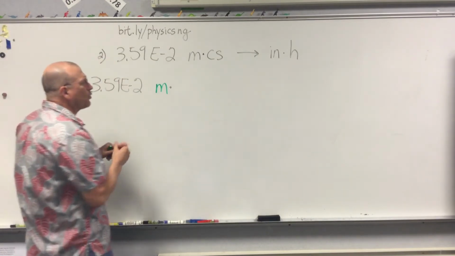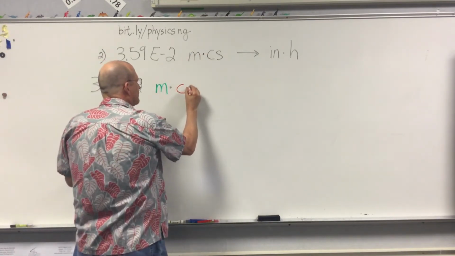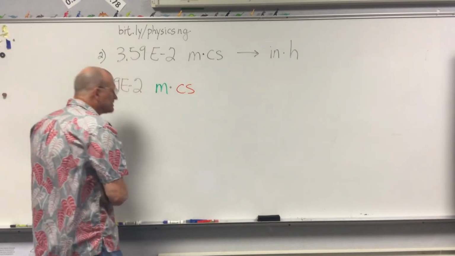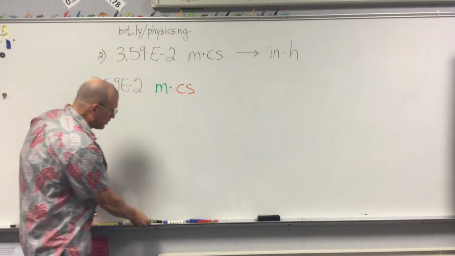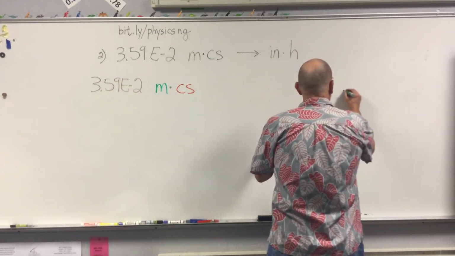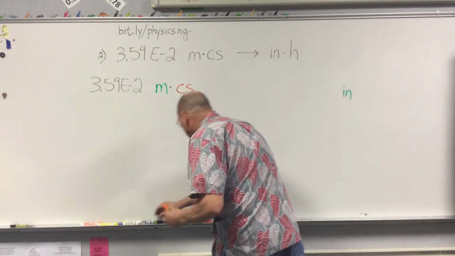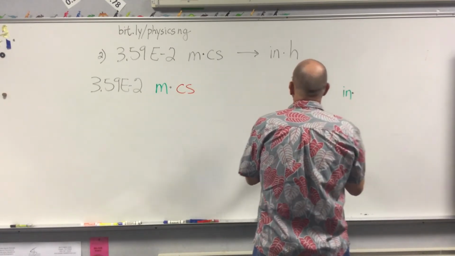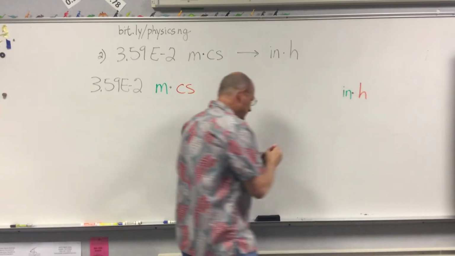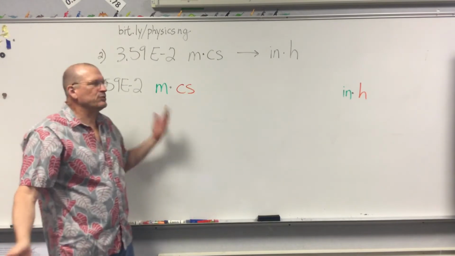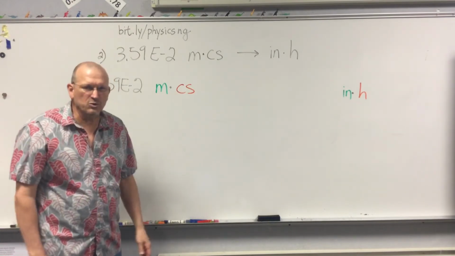And I'm going to use orange for the time unit. And then what we want to do is we want to convert this so in the end we have inches times hours.